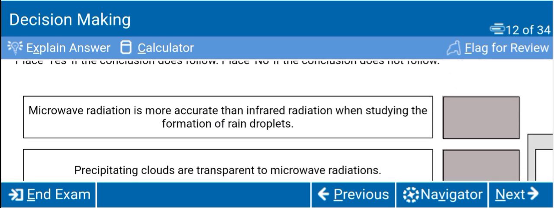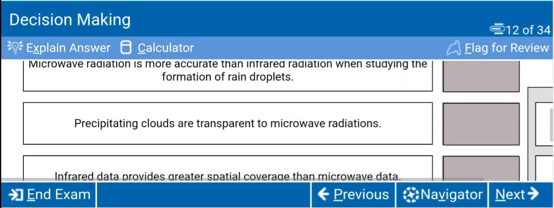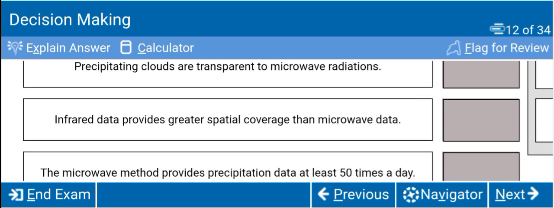So first conclusion we have that microwave radiation is more accurate than infrared radiation when studying the formation of rain droplets. Second, precipitating clouds are transparent to microwave radiations. Third, infrared data provides greater spatial coverage than microwave data.